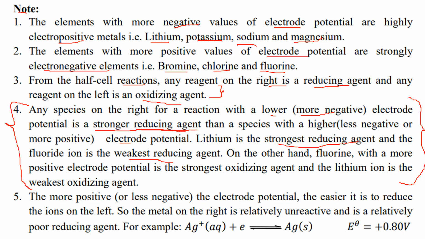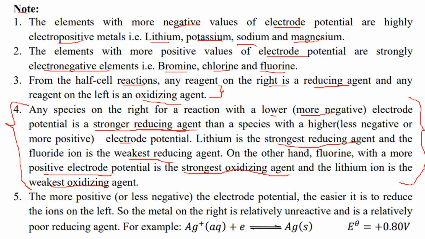If an element is so weak in reducing, it's going to be stronger in oxidizing properties. So on the other hand, fluorine with a more positive electrode potential is going to be the strongest oxidizing agent, and lithium ion is going to be the weakest oxidizing agent.